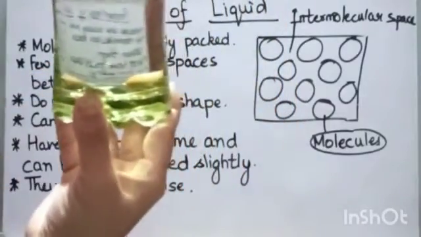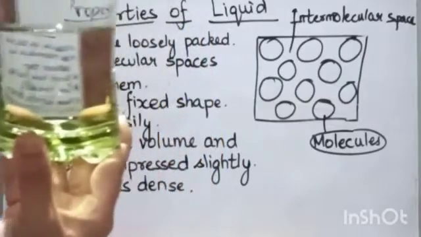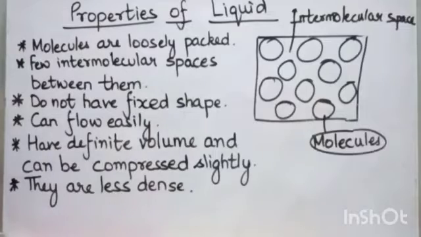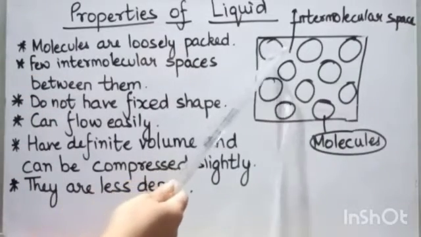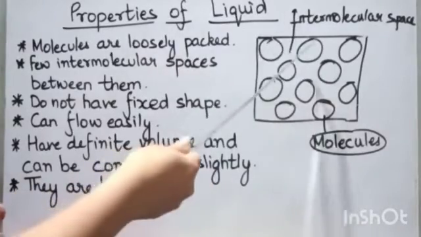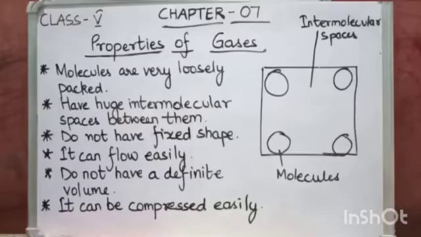But when they are poured in a plastic container or in a bottle, they can be compressed slightly. Now, they are less dense. Unlike solid, they are less dense because the attraction between the molecules is less strong.